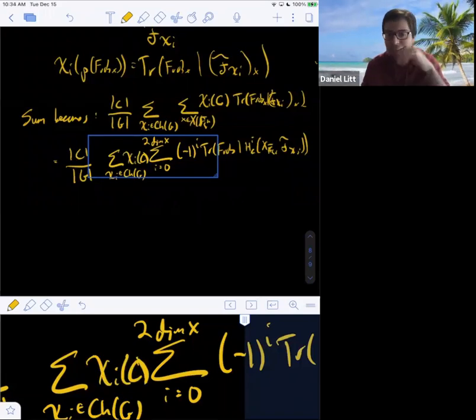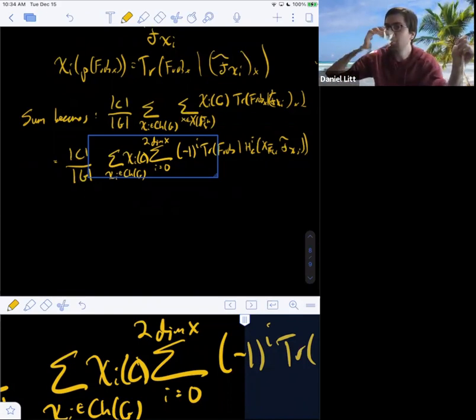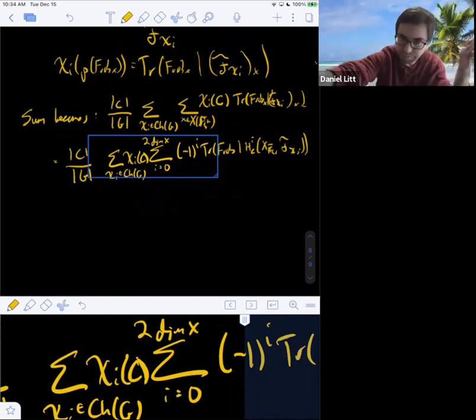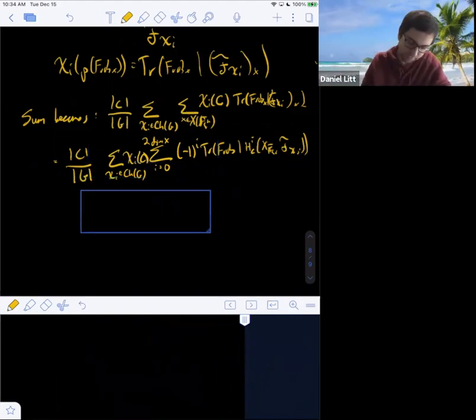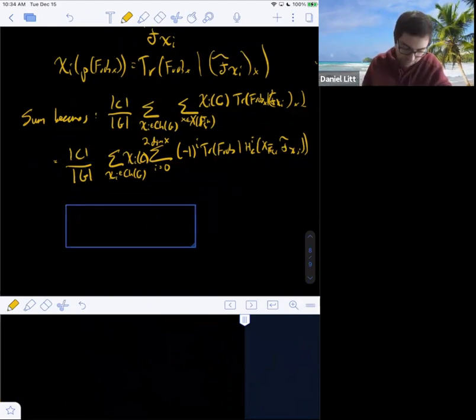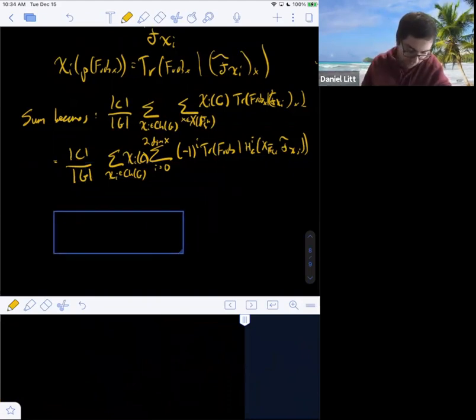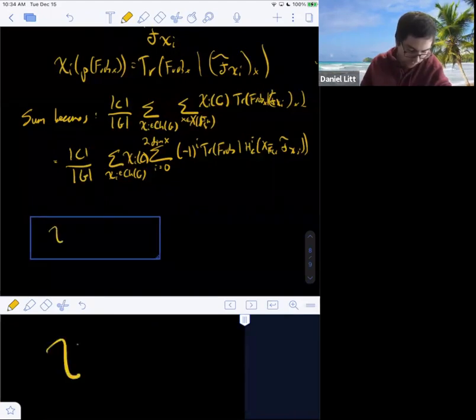All right, so can anyone tell me what this looks like? These sheaves are of weight 0, right? So now this is something we can understand. There are two possibilities. First of all, we can take chi I to be trivial.